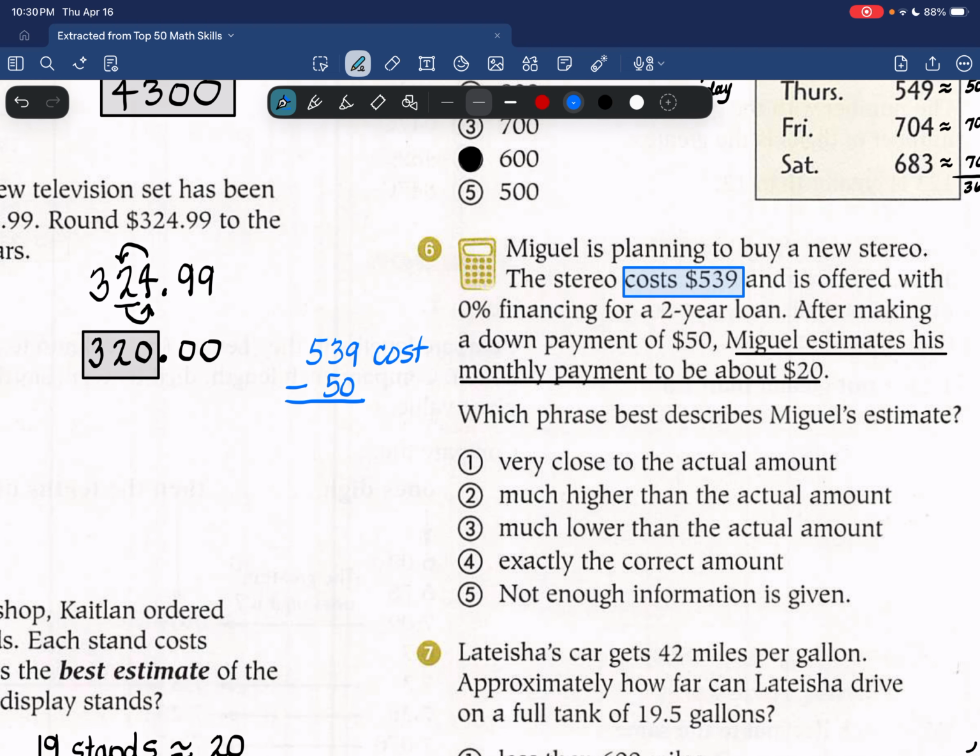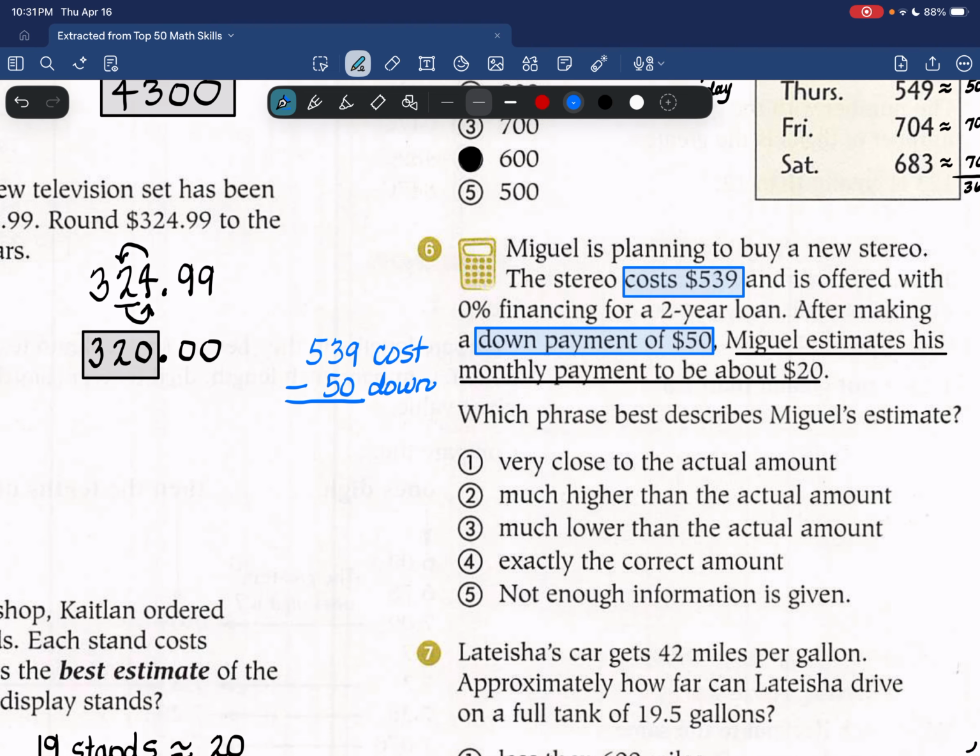Here is the down payment. So let's go ahead and find the price that Miguel will have to pay. I'm sorry. We know the cost. We know the price he has to pay. We want to know the amount he wants to finance.